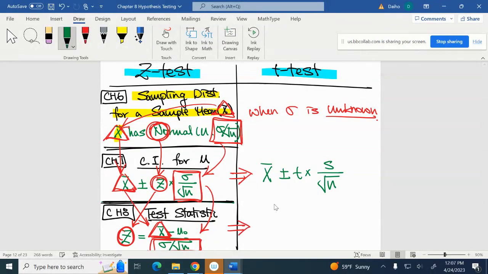And also the test statistic was the t-score, x bar minus mu 0 over s over square root of n. We simply modify the z interval and the z test statistic to the t.